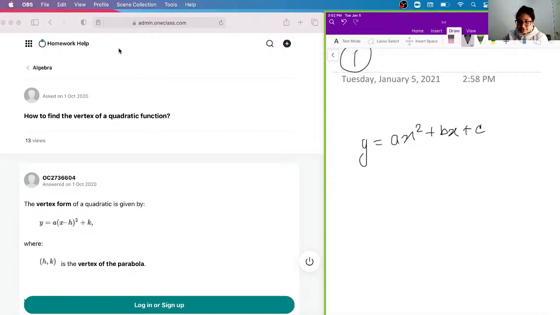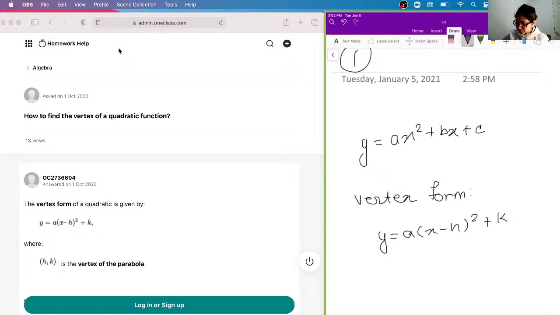However, if you want it in vertex form, you write y is equal to a, which is any coefficient, times x minus h, squared, plus k. It could be plus or minus.